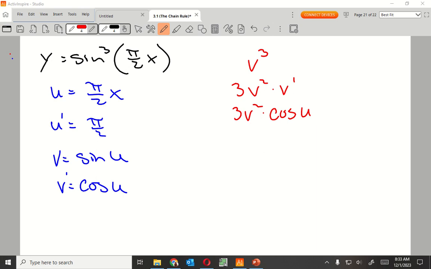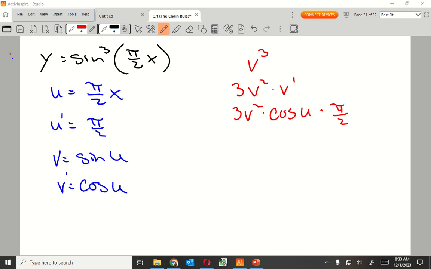And this is going to be times U prime, which is pi over 2. Does that make sense or is that nonsense? Nonsense right now, right? Maybe?